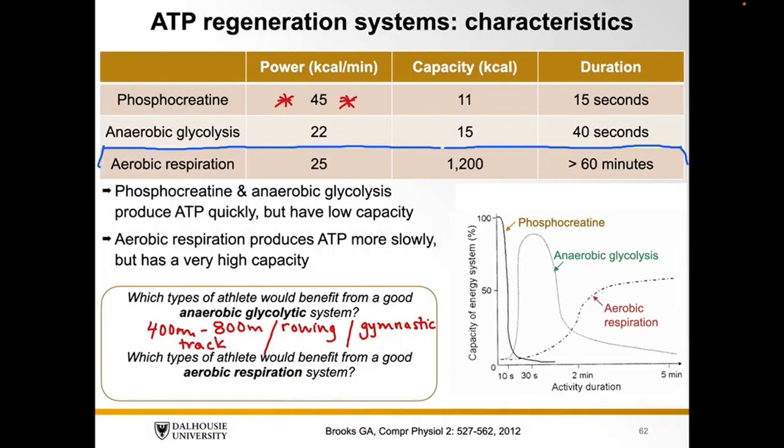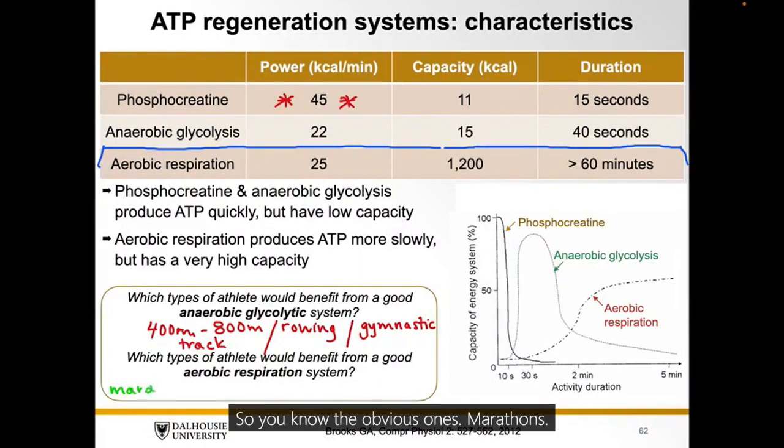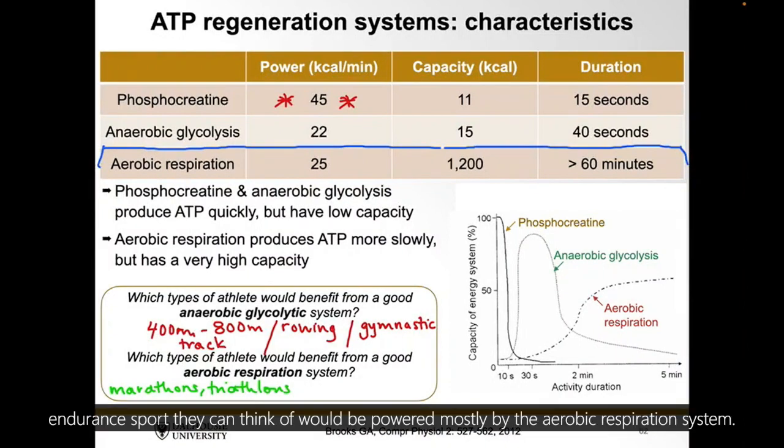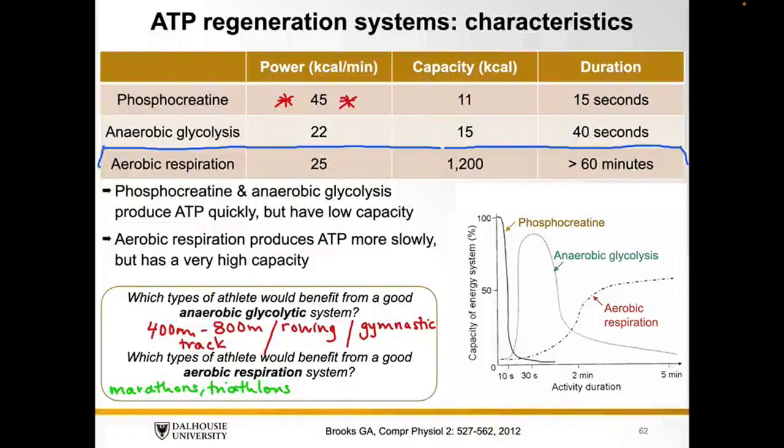In contrast, any athletic event that would last longer than that would require a good aerobic respiration system. So, the obvious ones, marathons, triathlons, any endurance sport that you can think of would be powered mostly by the aerobic respiration system.